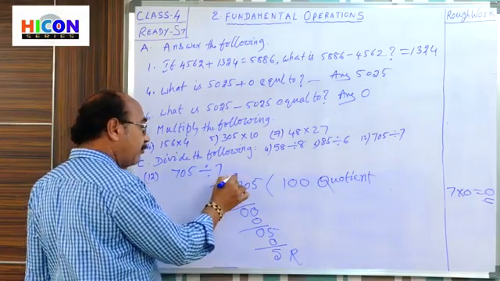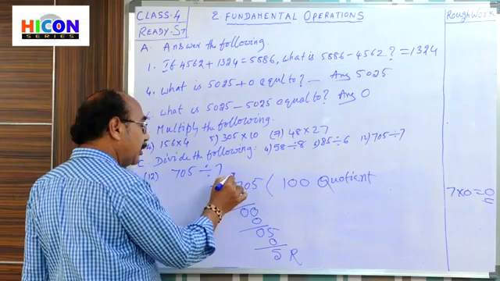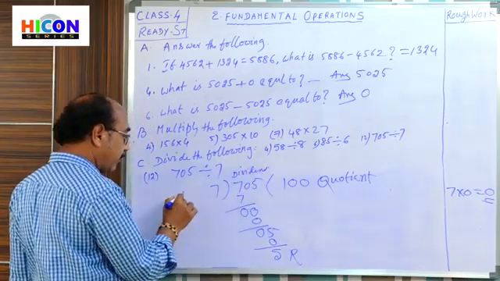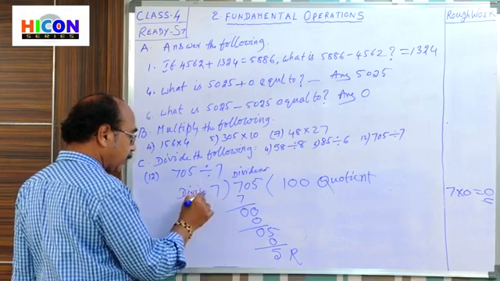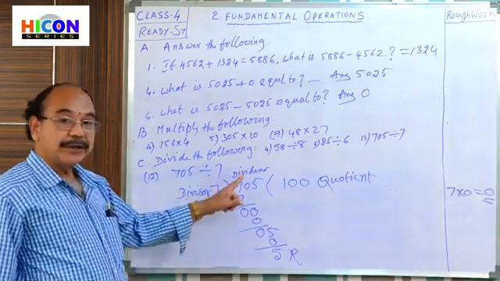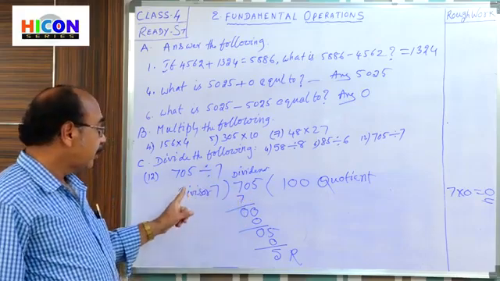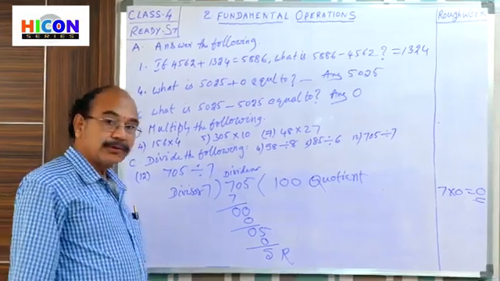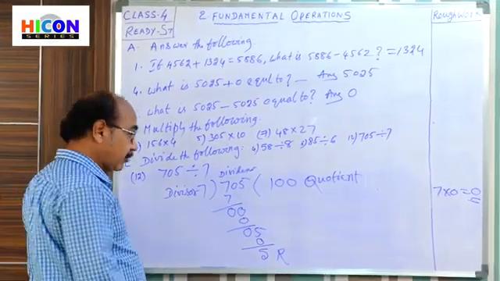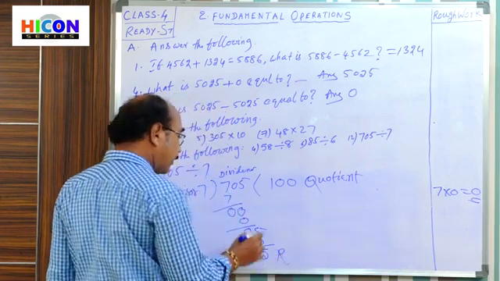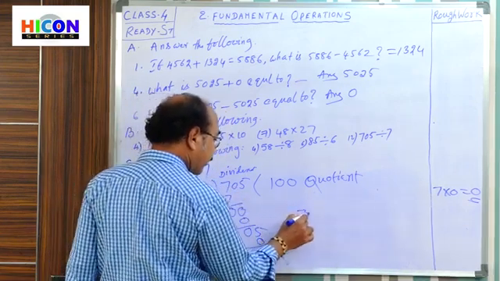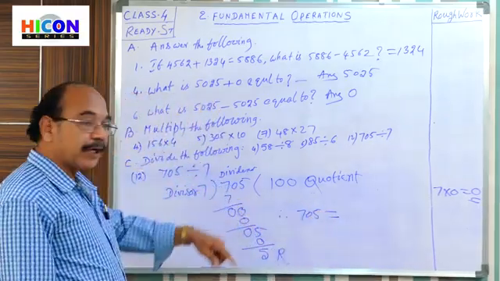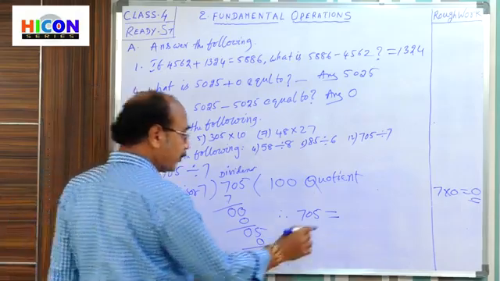This one is called the dividend. 705 is what we call the dividend. And this is called the divisor. So, dividend is equal to divisor into quotient plus remainder. Now, you are going to check your division. So, here, what is the dividend? 705. Dividend is equal to divisor, what is the divisor? 7.